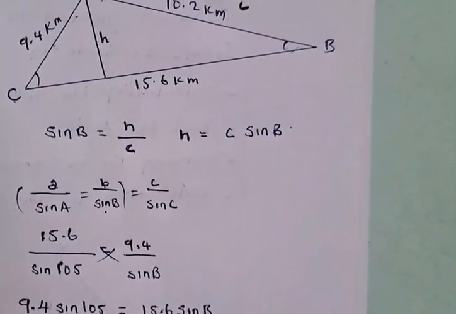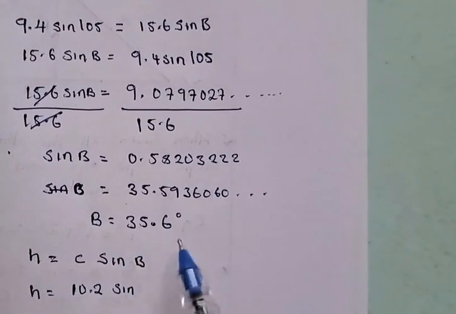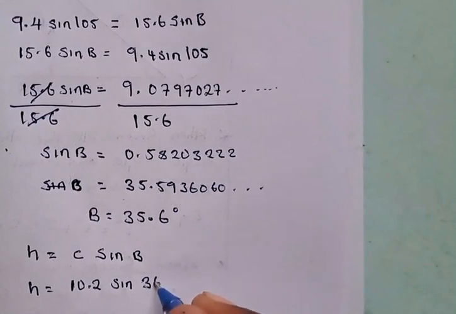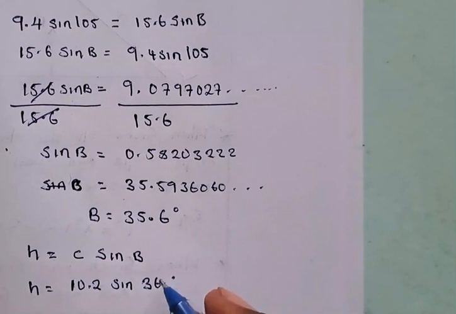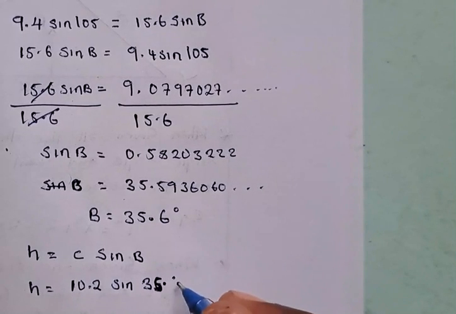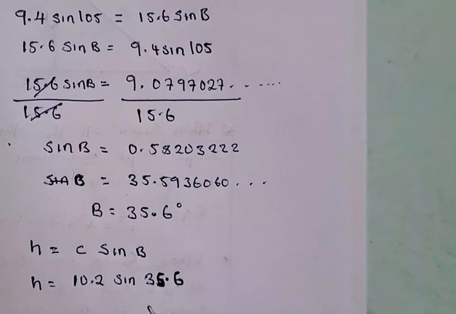What is b? B, we just found that b, it's what? This is our b there, 35, sorry, 35 point what? 0.6. So let's find the sine 35.6, then we multiply it by 10.2. That will be our answer.